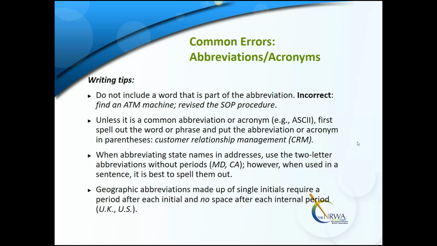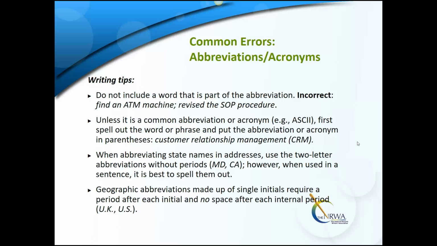If you're using an acronym and it's the first time you use it, unless it's a very, very common acronym, spell it out the first time. Put the acronym in parentheses. Then later on, you can go ahead and just use the acronym if the word comes up again in your writing.